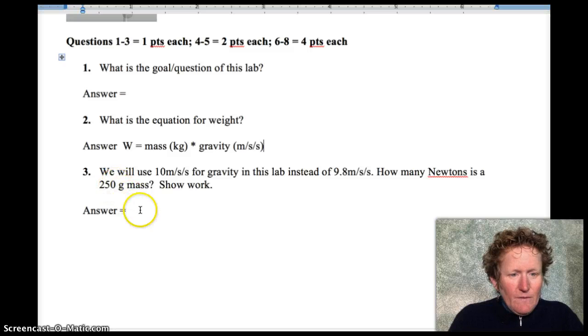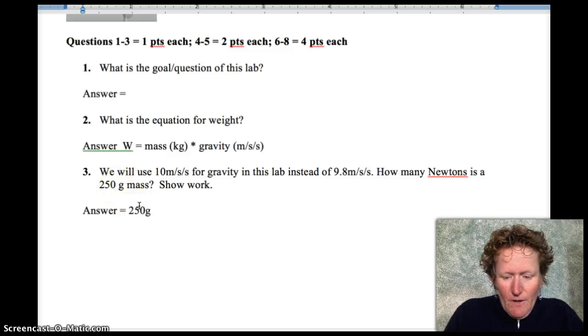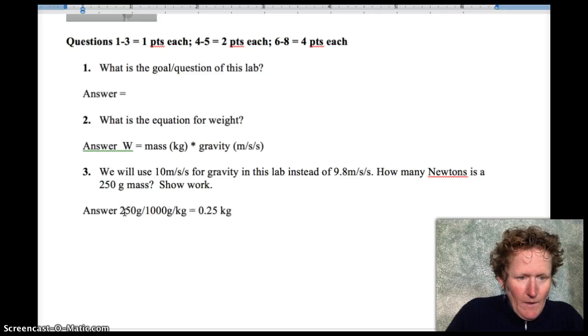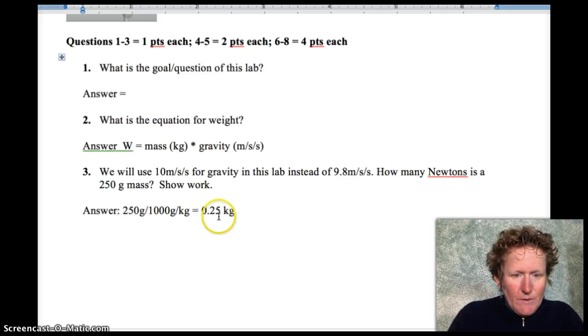Now we have 250 grams, so what we need to do is take 250 grams divided by the 1,000 grams that are in a kilogram, and we get 0.25 kilograms. So our mass is 0.25 kilograms.